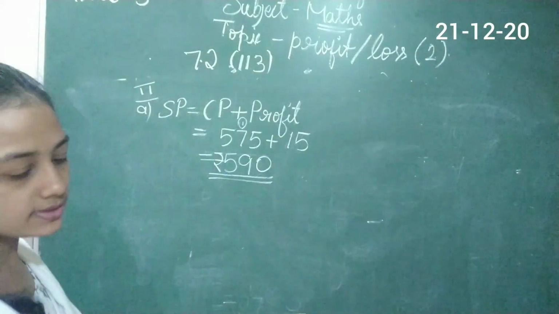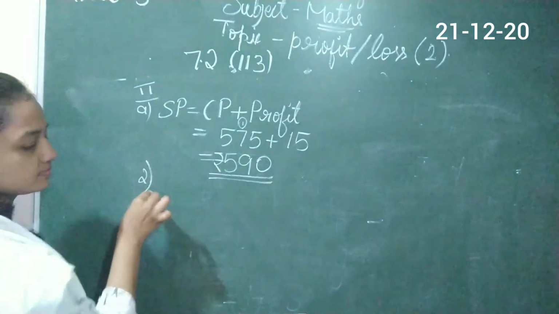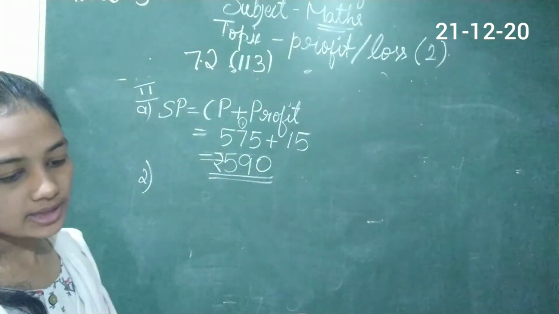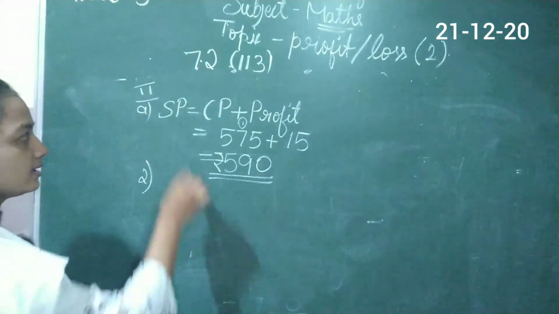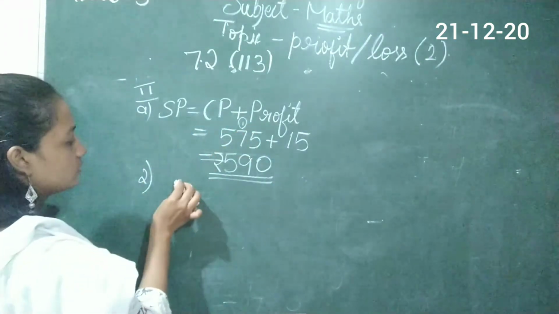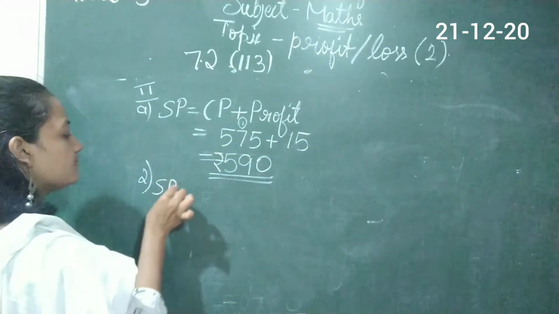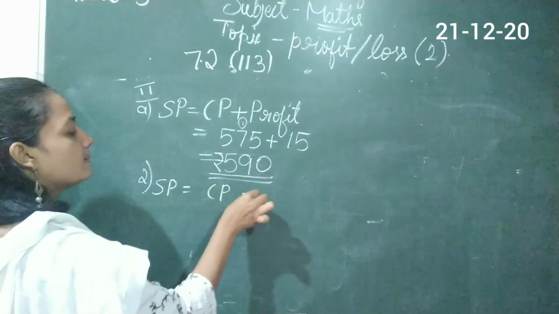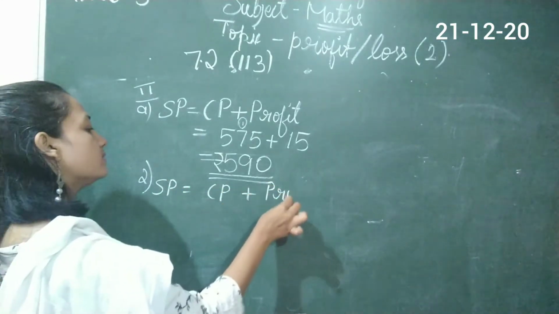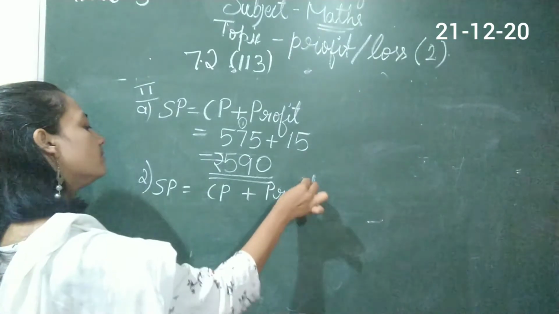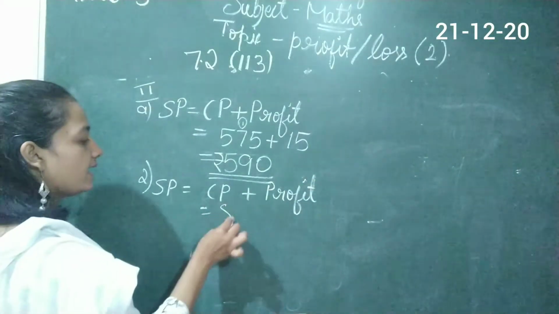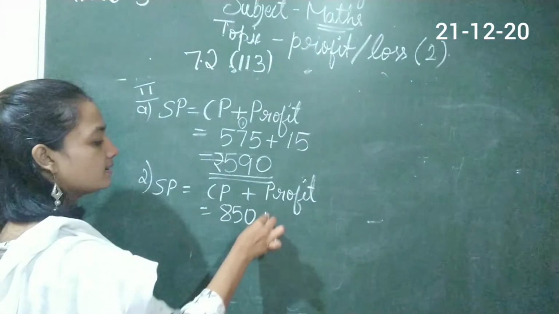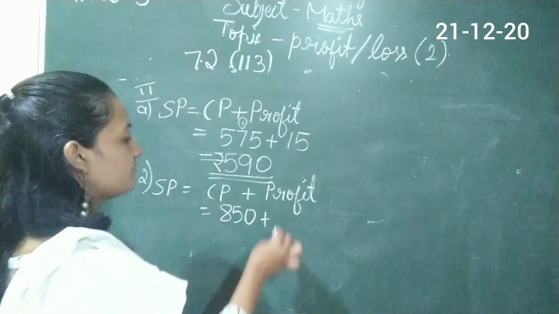Now let's go for the second one. You have to again find SP, same thing, when profit is given. So I will use the same formula. SP is equal to CP plus profit. So the second one, CP is 850 rupees plus 55 rupees.